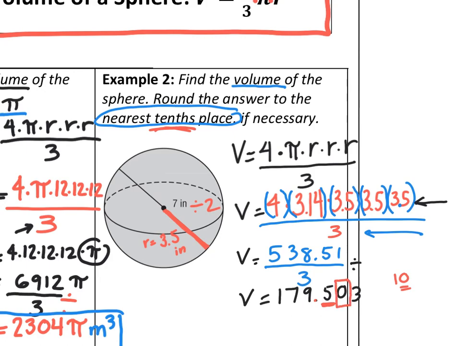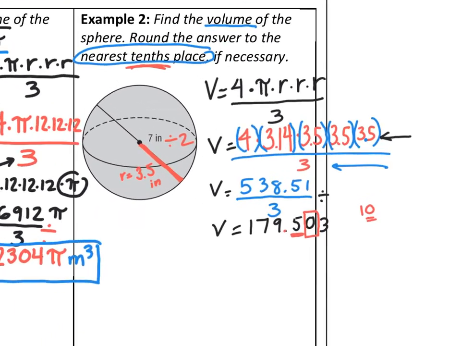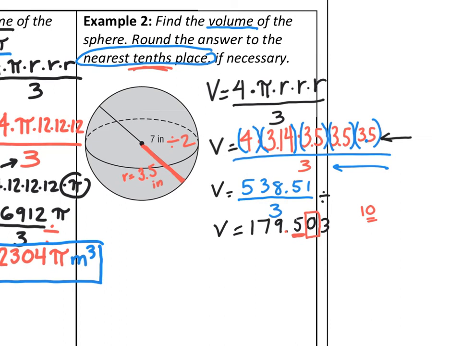We've already done this rounding before, but just in case you forgot, if this number is less than 5, then we just leave it. So in this case, our final answer is V equals 179.5. If this number was 5 or bigger, we would have rounded up to 6, but it wasn't, so we leave it 179.5.